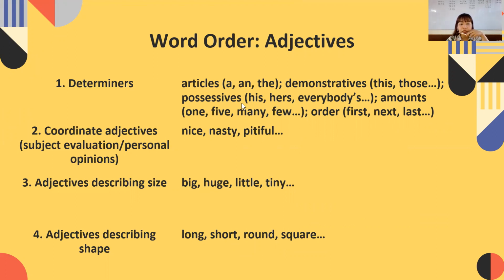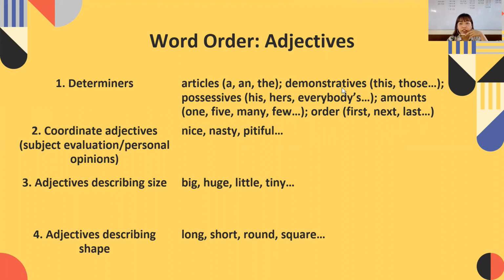For possessives, we have his, hers, everybody's with the apostrophe s, or including a proper noun like Wanna's, its, theirs, and so on and so forth. So they start, and then are followed by any of these 2 if they exist, or if it is used in a said sentence.